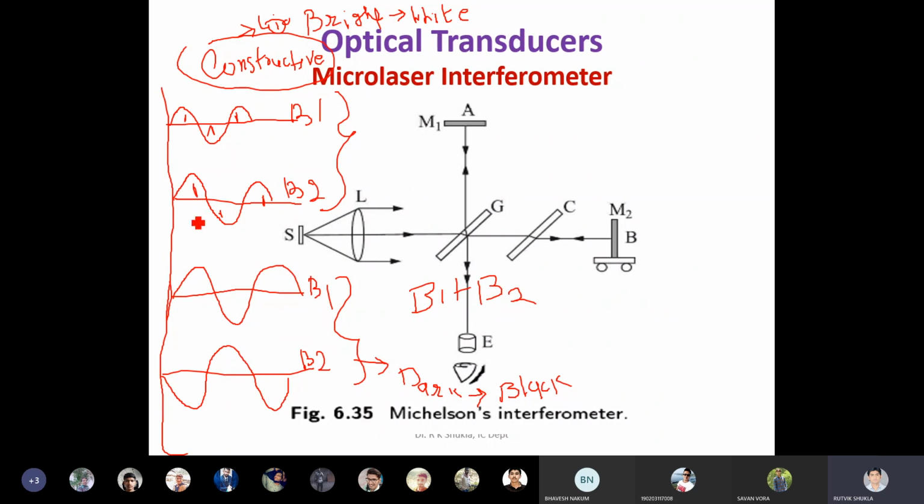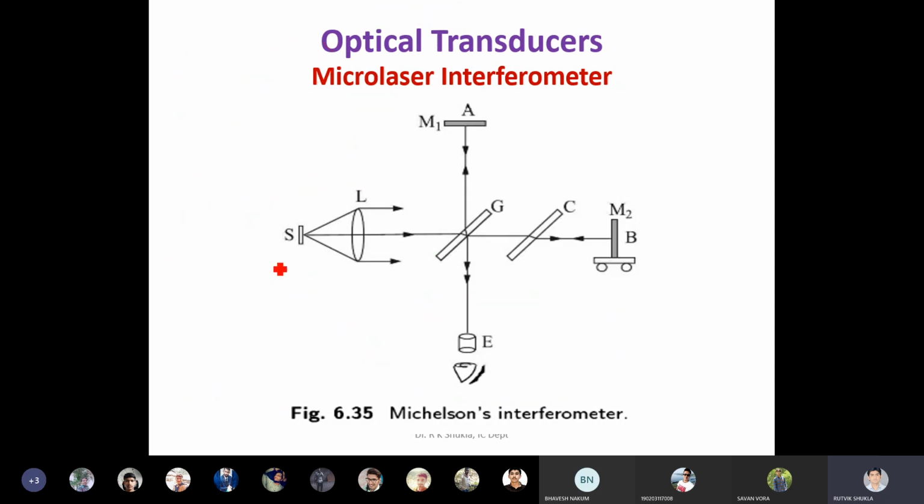Clear? So with the help of the same principle, here we are using this particular constructive and destructive nature of the light beams to identify the position of the mirror. So let's see what they will do. The initial process is, this is your B1, this is your B2.